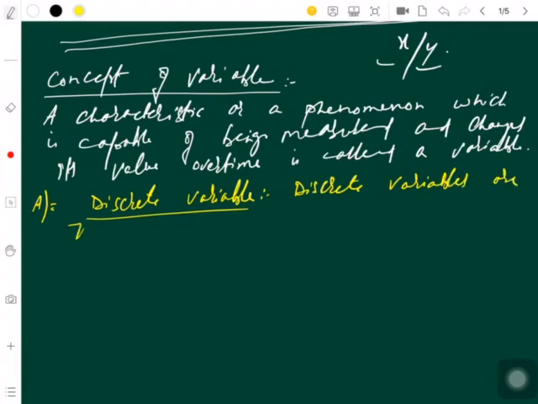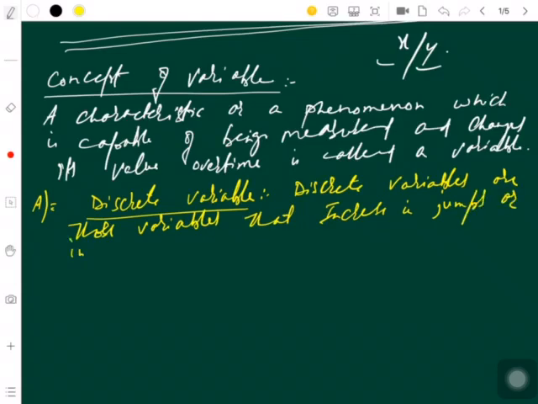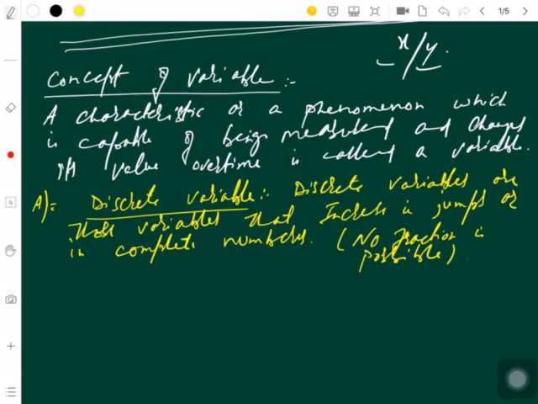Discrete variables are those variables that increase in jumps or in complete numbers. I'll write it. No fraction is possible. Okay, so we don't take fractions in it.